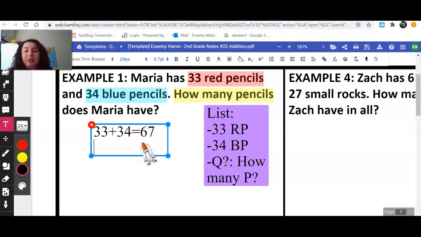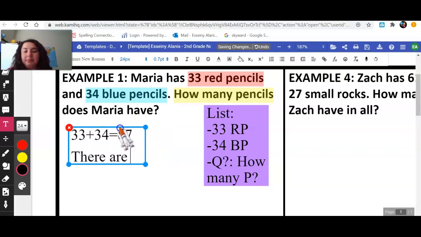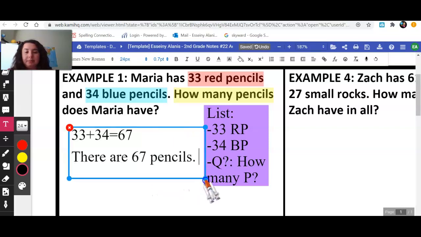And then we can write a sentence. There are 67 pencils.